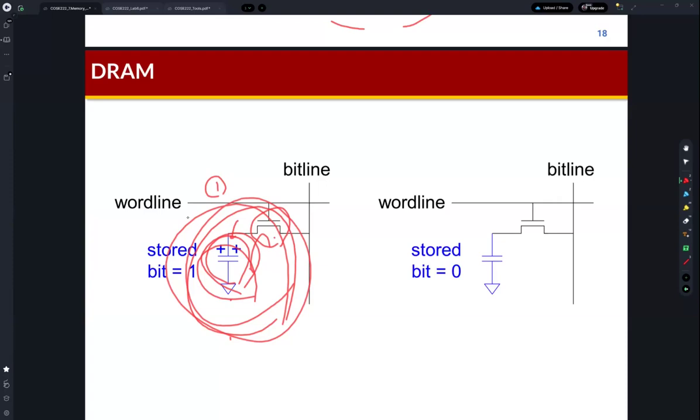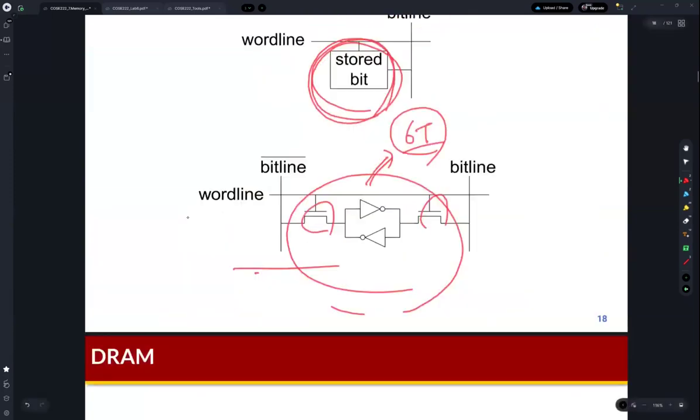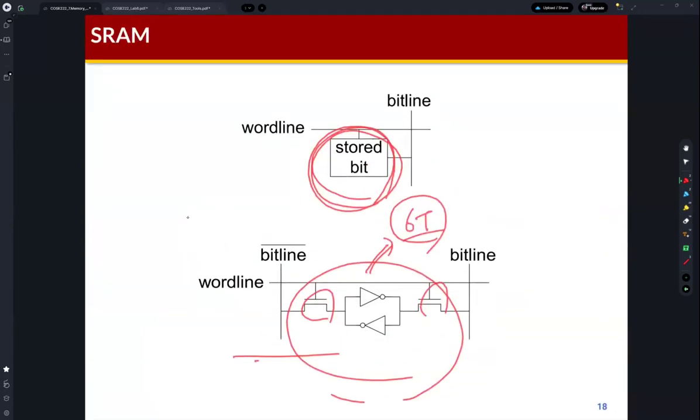I explained that only this part is different for the different memory technologies, like SRAM or DRAM. Only these memory cells are different, okay? And the characteristics of these cells determine the characteristics of memories, right?